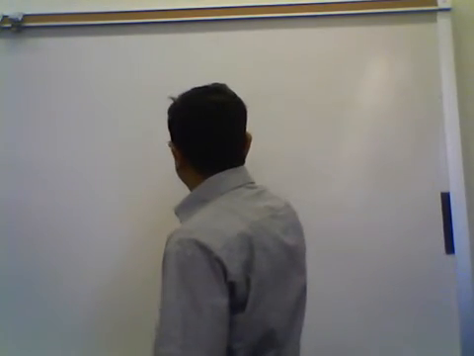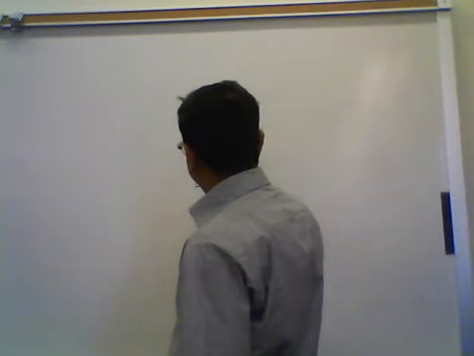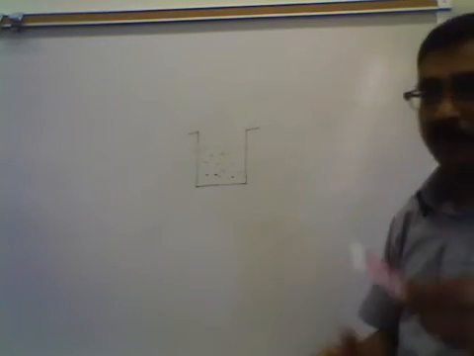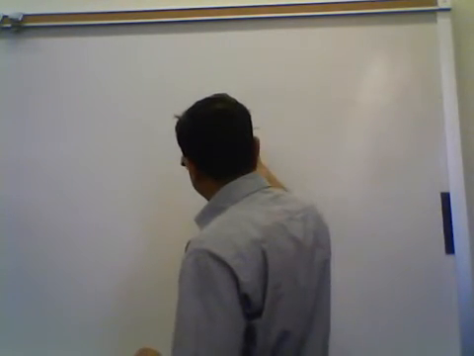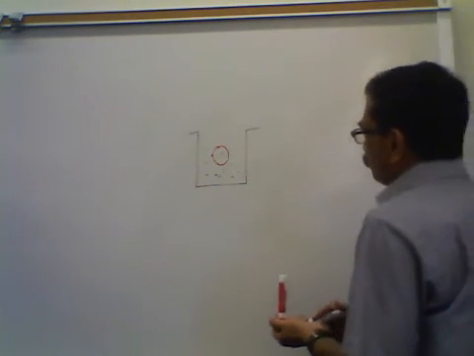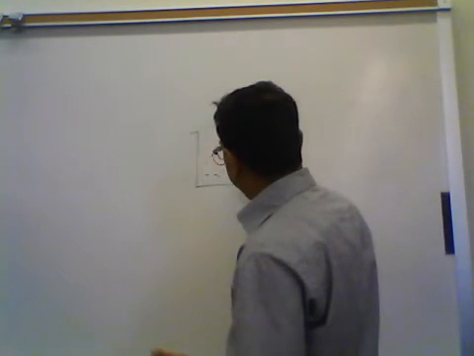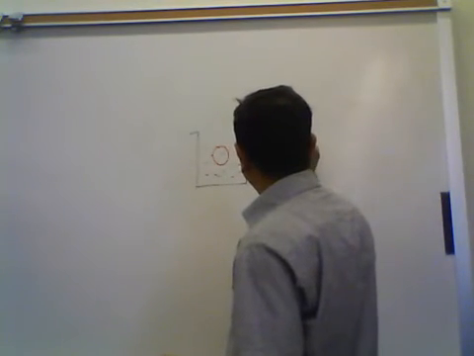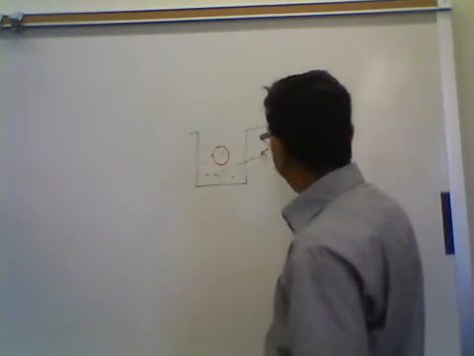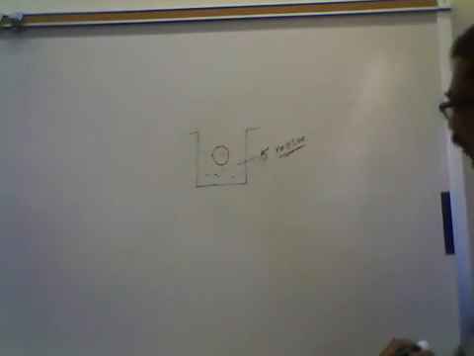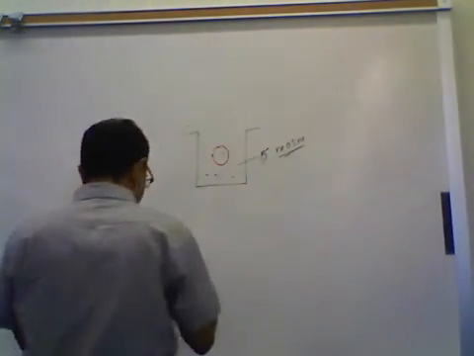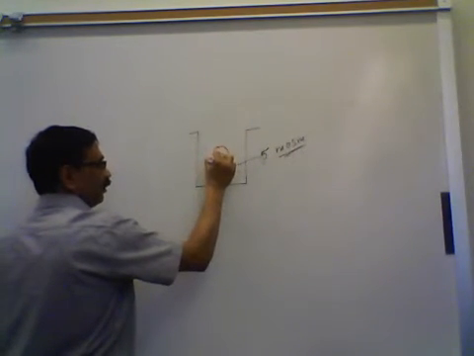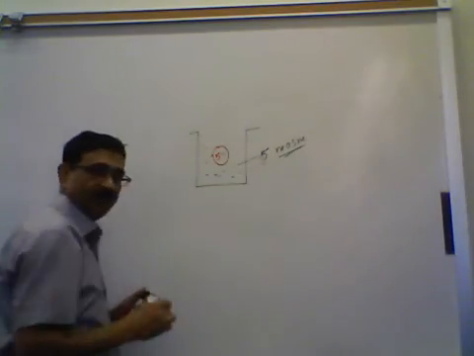If you take a solution and put a living cell, for example your red blood cell, in this solution, and the concentration of this solution, for example, is 5 milliosmol, that's the unit of osmolarity or concentration, and inside the red blood cell, in the cytoplasm, the concentration is also 5 milliosmol, same, right?